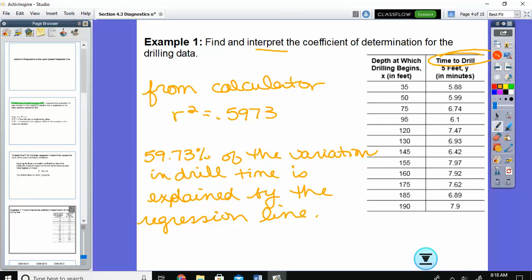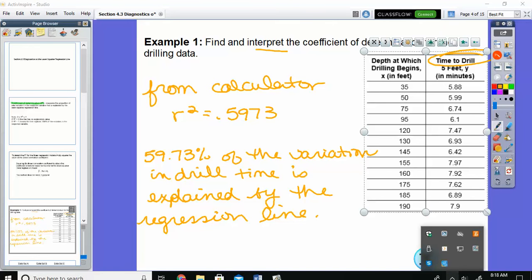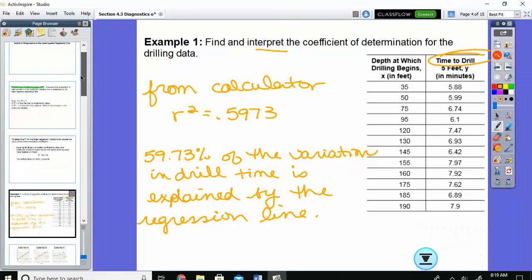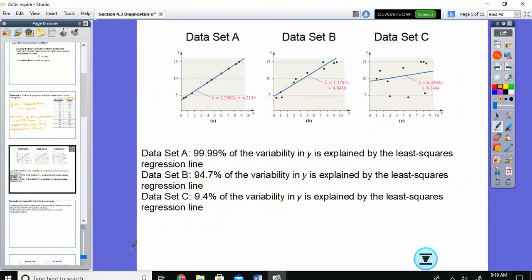So if you just move your 7.92 to the end, it's like changing your ordered pairs to 160, 7.62, 175, 6.89. So if you move it to the end, it has to be the entire ordered pair that gets moved to the end.